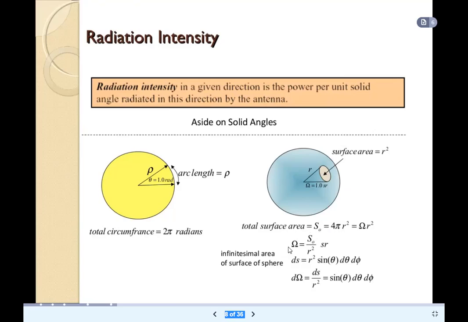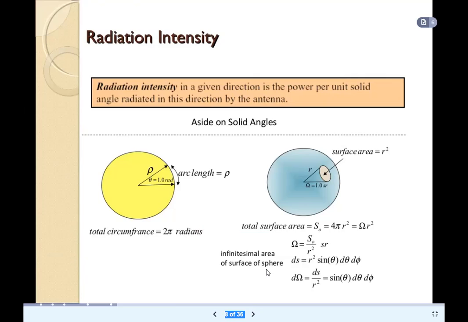Then we calculate the total surface area. Total surface area S0 is equal to 4 pi R squared, the infinite dimensional area of the surface of the sphere.